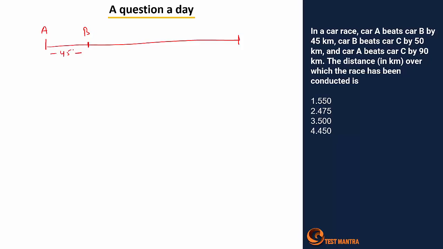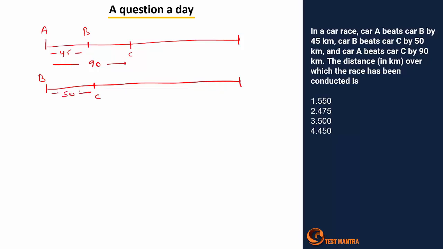As well, A beats C, that means C will be somewhere at this point, and A beats C by 90 kilometers, right? So that's the condition given. Now let's do the second condition also. Here B beats C by 50 kilometers.